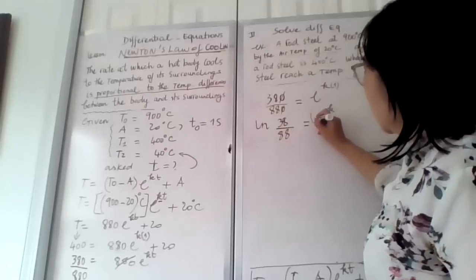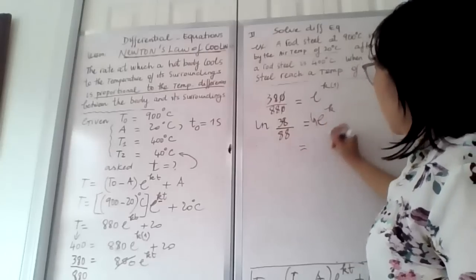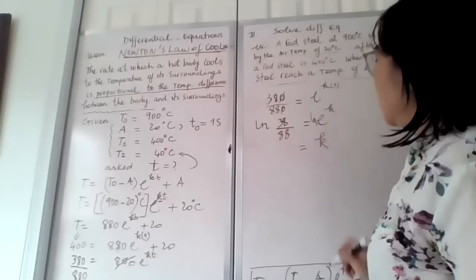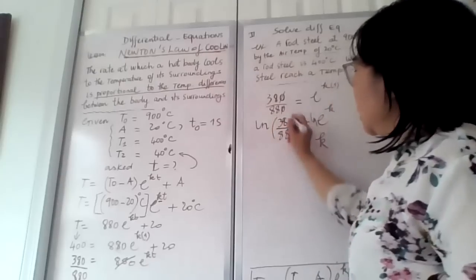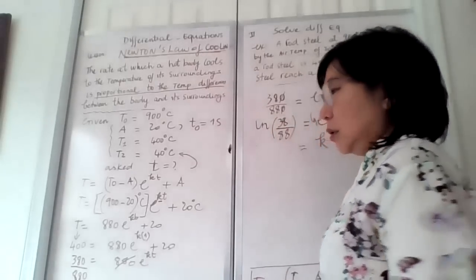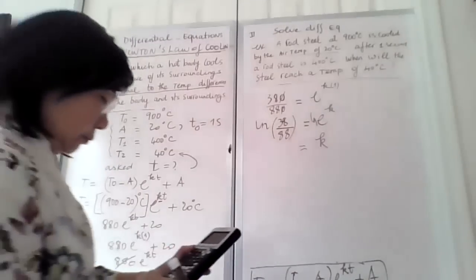So e to the power k equals that, and we take ln of both sides. So ln e to the power k equals k, and k equals this number. And this is just a number. If we use the calculator, we'll figure it out. So let's figure it out.